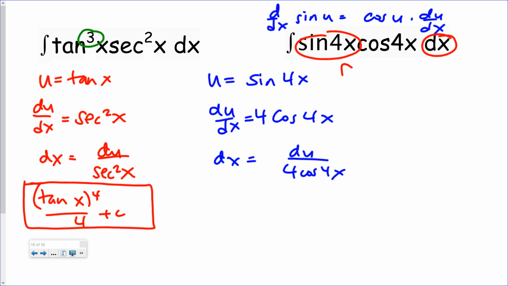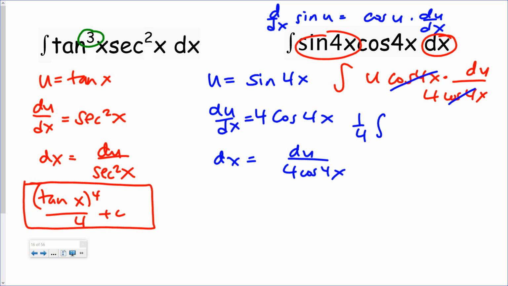Okay, Jamie, are you awake? So this is going to be sine 4x, which is now my u, times cosine 4x times du over 4 cosine 4x. Do my x's cancel out? Yes. What scalar can I pull out? 1/4 integral of u du.